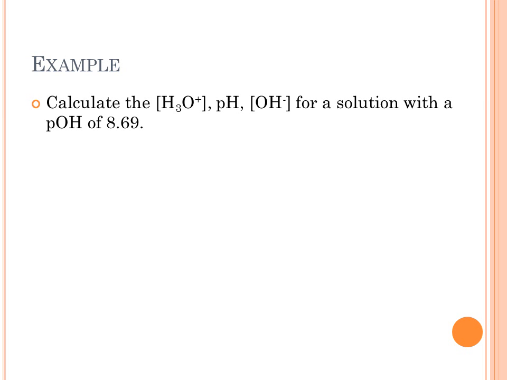Here's another one. We calculate the hydronium ion, the pH, and the hydroxide ion concentration for a solution with a pOH of 8.69. So pH plus pOH is equal to 14.